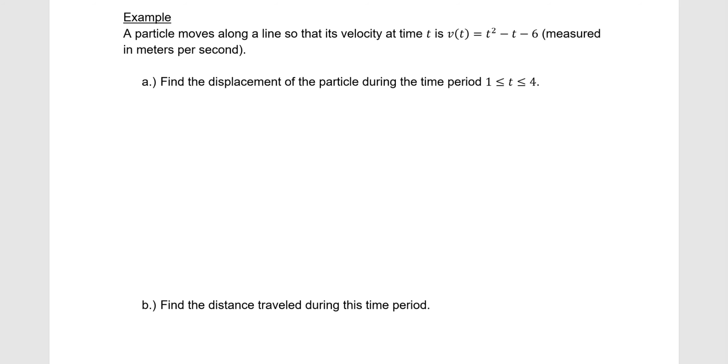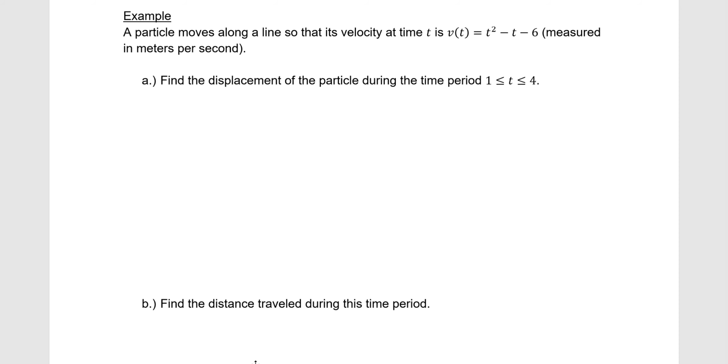Okay, so from what we just learned, displacement is going to be the net change in position, and all we have to do to that is take the integral of the function from t equals 1 to t equals 4, and our function is v of t.